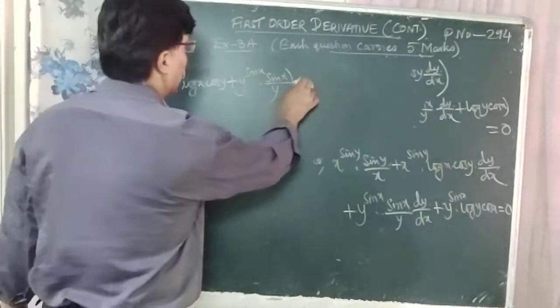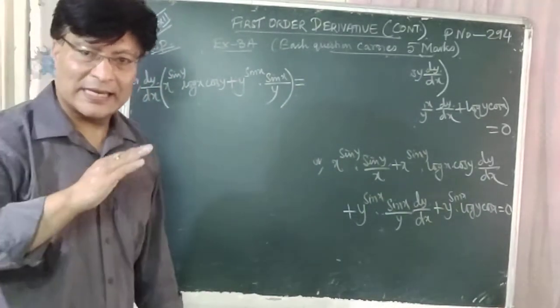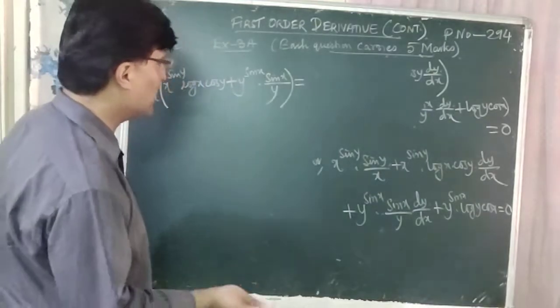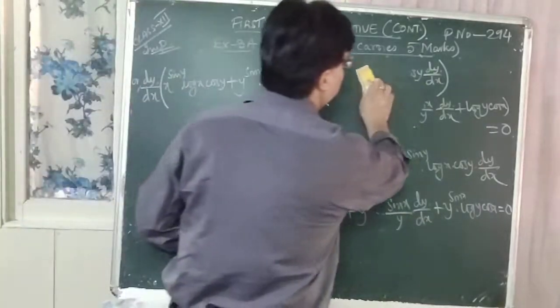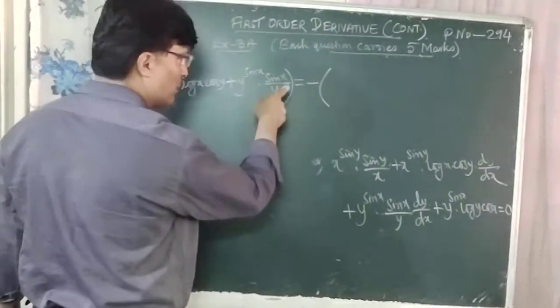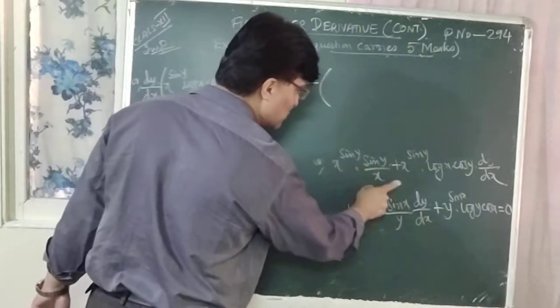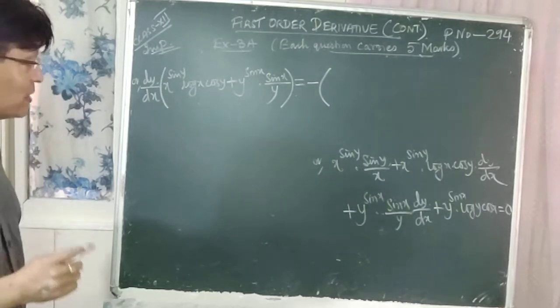All other terms which are free from dy by dx, take them to the right hand side. It will be a minus sign, because when these terms go to the right hand side, they become minus, and the minus sign is taken common.